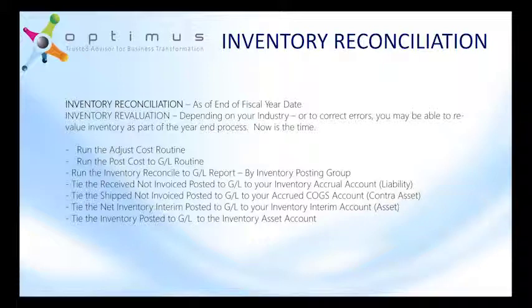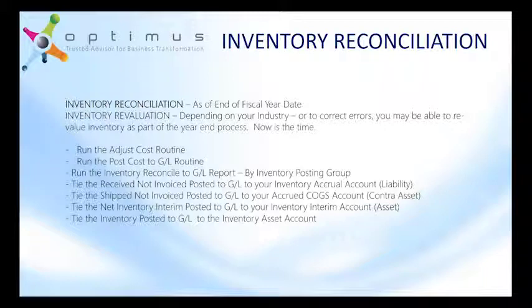You need to run this adjust cost routine, and then another step is to run the post cost to GL routine, and that will give us the last figures to our GL chart of accounts, and the valuation of the inventory also. Then we need to run the inventory reconcile. We need to review what has been received, not invoiced yet, or shipped, not invoiced yet, etc.